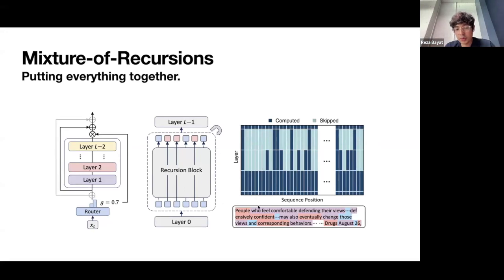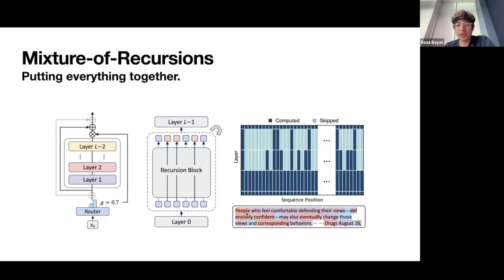So if you want to take a look at just one example, here is the middle cycle strategy. We have the input layer and the output layer, which are fixed, and we use them for every token. And the middle ones are the recursion steps. This is the first recursion step, second recursion, and so on and so forth.